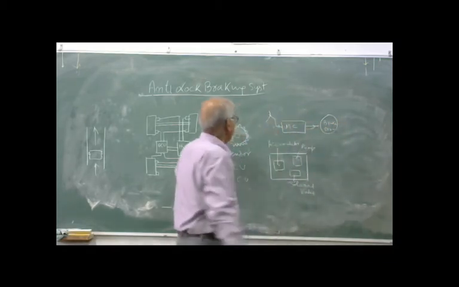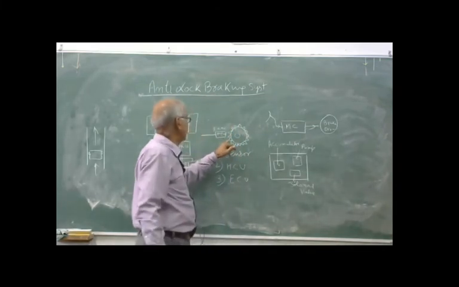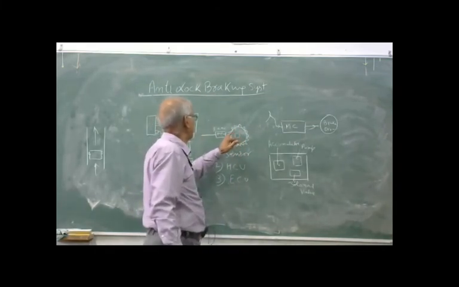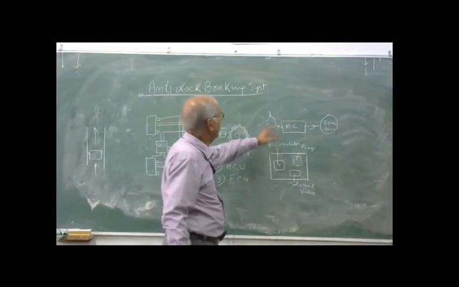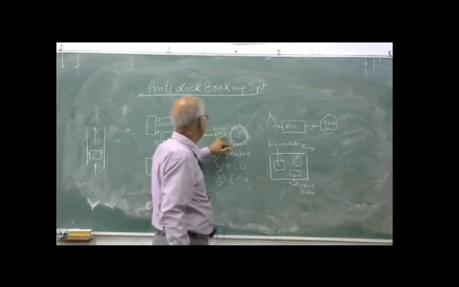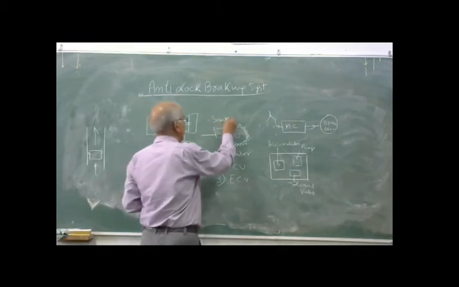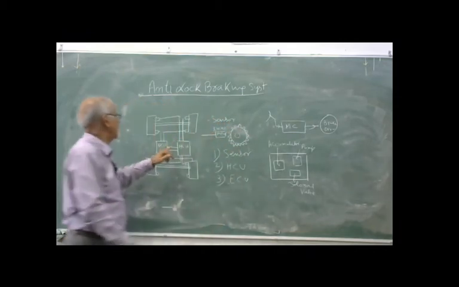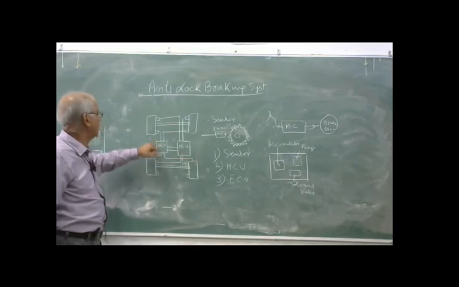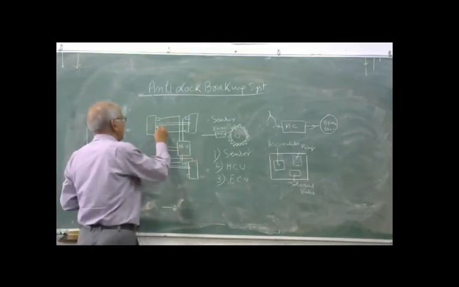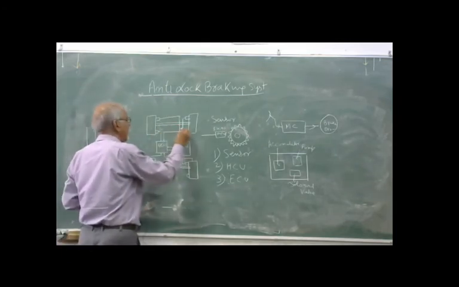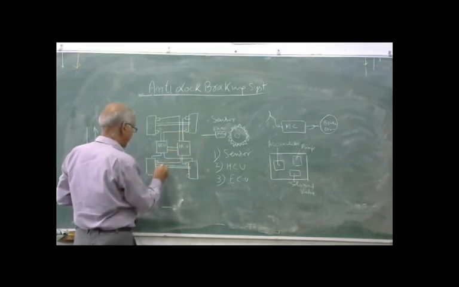So, sooner the signal comes that one of the wheels has been stopped because of applying the mechanical brake or whatsoever the brake, this signal will immediately go from the sensor, this is your sensor, to the electronic control unit. This is the sensor S. This is what I have tried to show you.